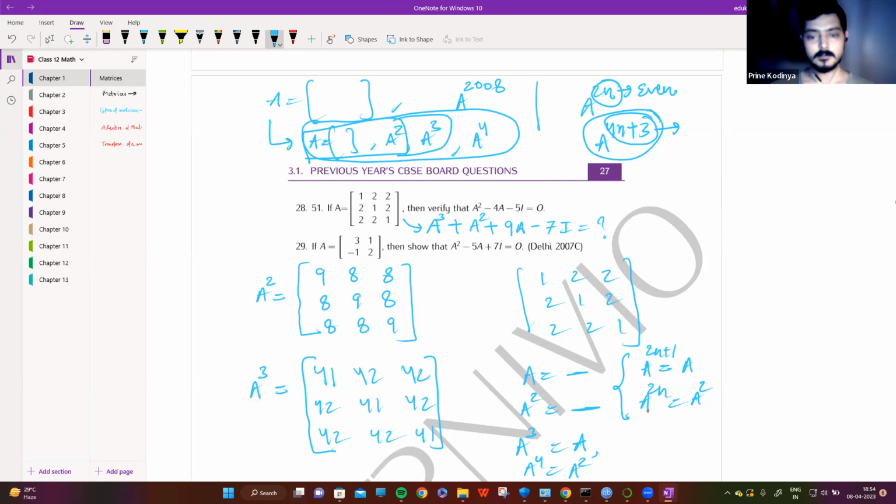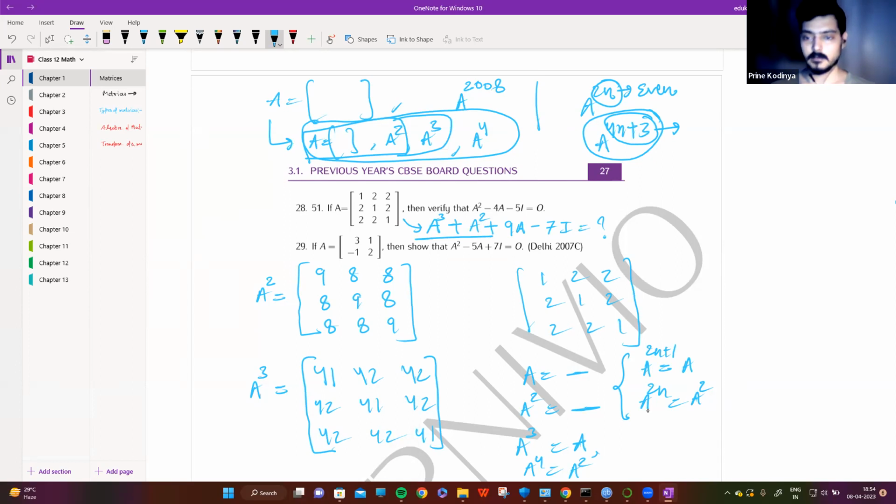What is the answer? Can you tell me, someone? If you're solving. So A cube plus A square should be 50, 50, 50, 50, 50, 50. All elements are 50. Then plus 9A.